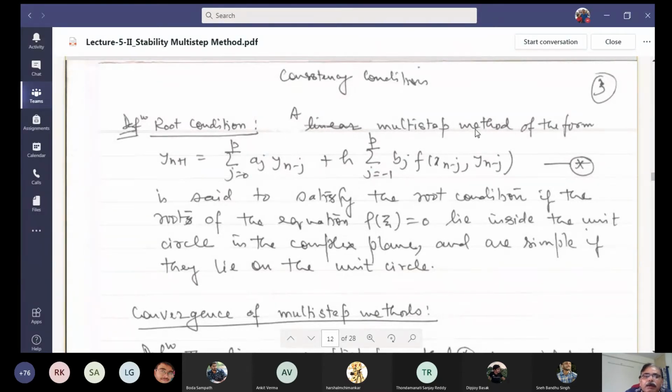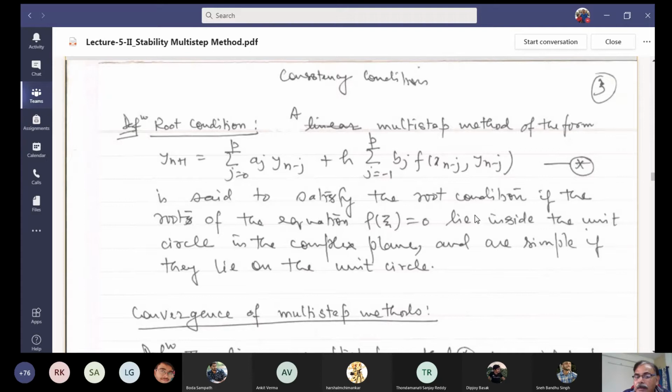A multi-step method, or basically a linear multi-step method of the general form, this one, is said to satisfy the root condition if the roots of the equation rho xi equal to 0 lie inside the unit circle in the complex plane. All these things will be justified once I do certain calculations here.